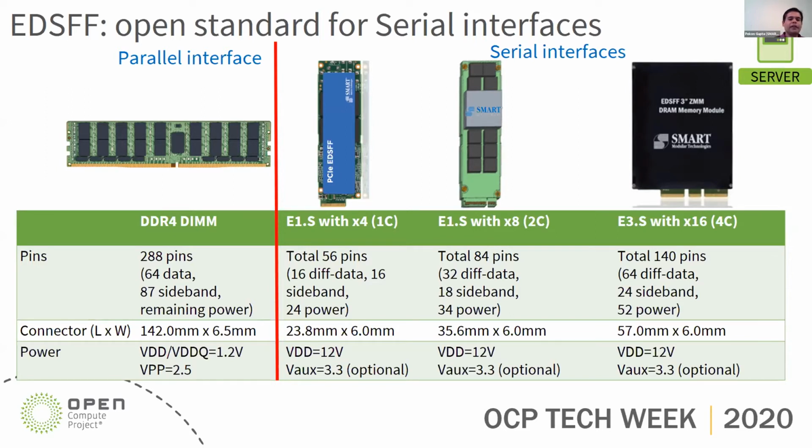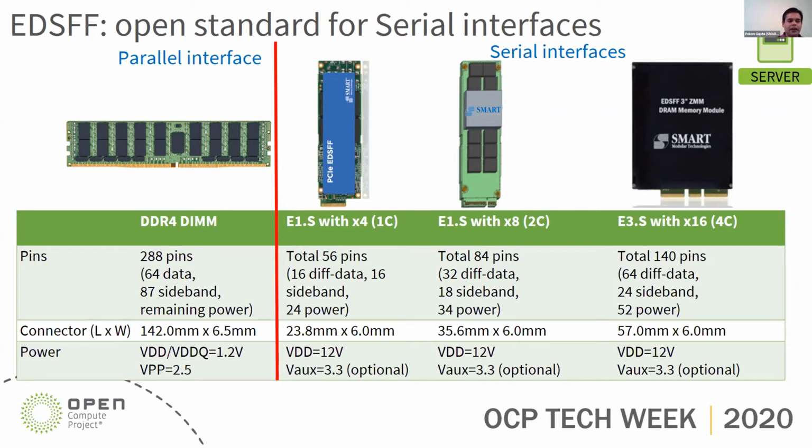If you look at the number of pins, DDR4 takes a standard UDIMM 288 pin connector, with 64 data and 87 sideband pins. But E1.S on a similar footprint takes only about 20% of the total pins. And if you just compare the data pins, it is only 75% of the number of pins used in a parallel interface like DDR4.